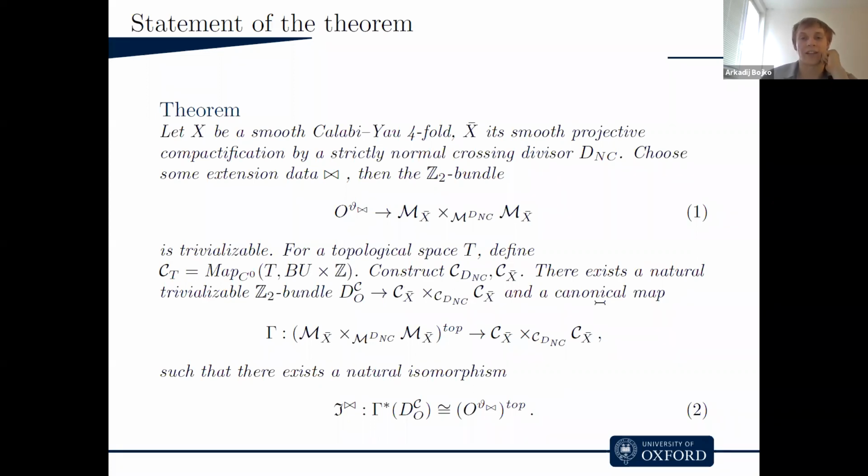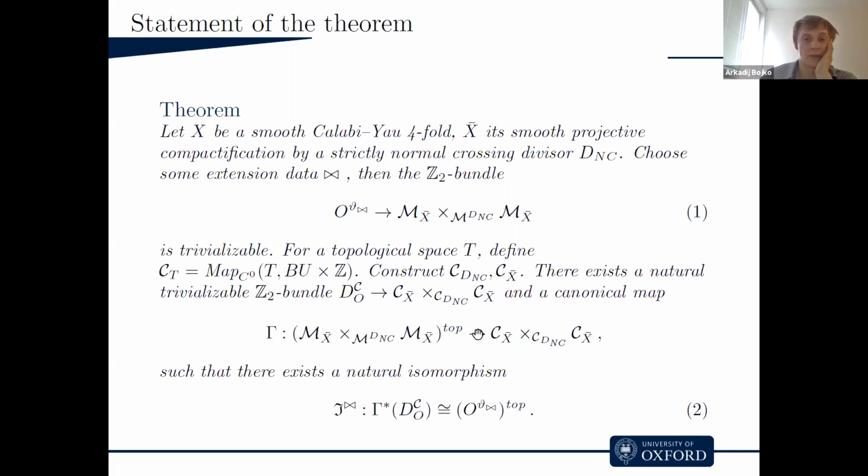And there is a natural map from the product from this moduli space that I considered before, MX bar cross MD and CMX bar. I say here topological realization, so this is just the functor that I discussed at the beginning, which maps algebraic things into topology.